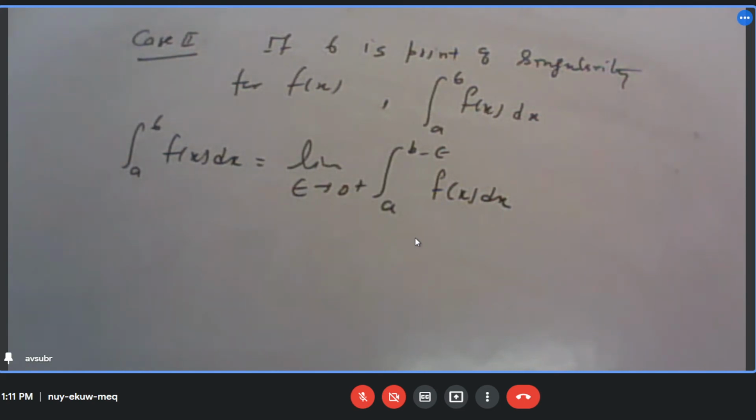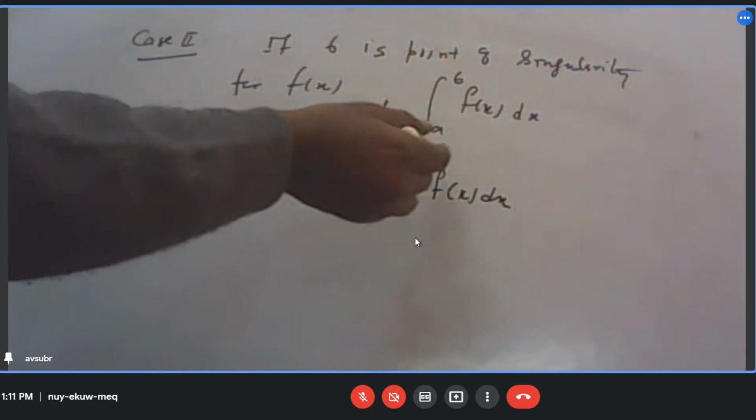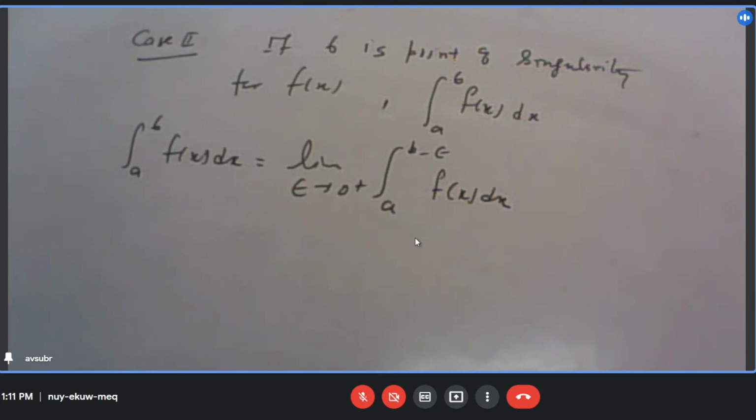This epsilon is tending to 0, not exactly 0, so very, very close to B, but not greater than B. It is below B. I hope it is clear.